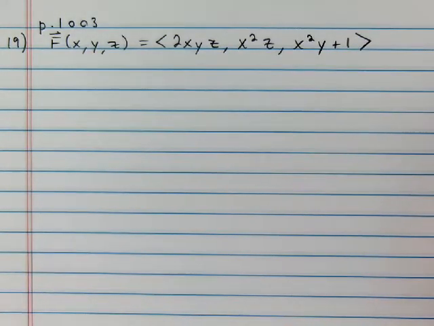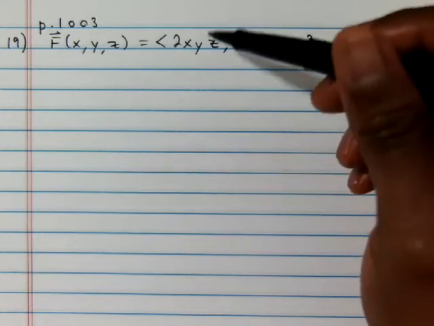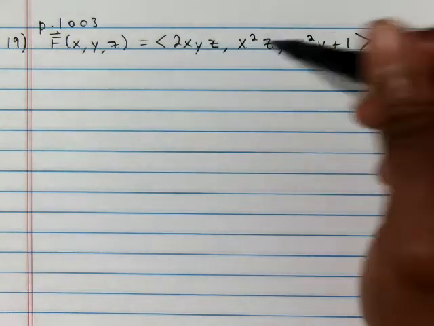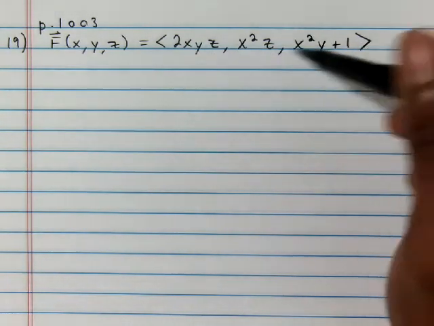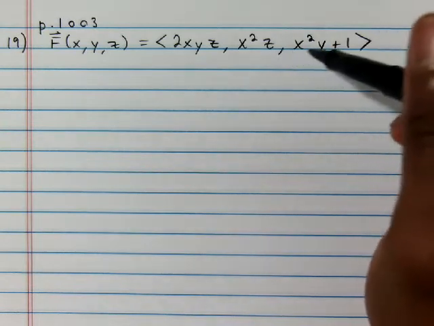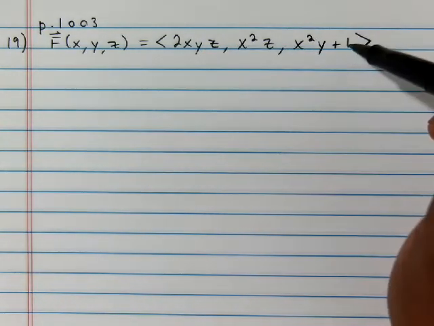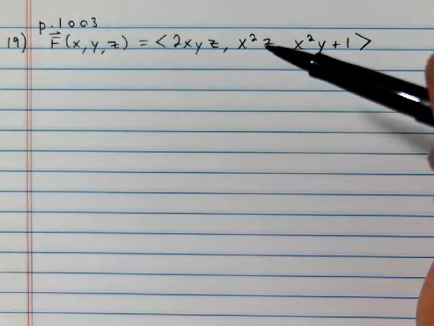All right, so we've already talked about the fact that these functions are defined everywhere. We can put in any x, y, and z values and we don't run into any issues. We look at their partial derivatives. The partial derivatives of all three of these functions are continuous, and we already computed the curl of F, and we established that the curl of F was 0.